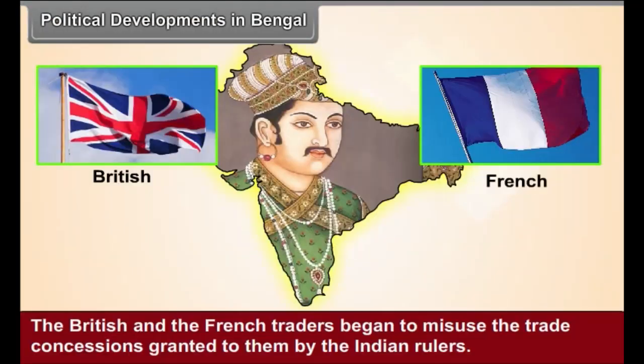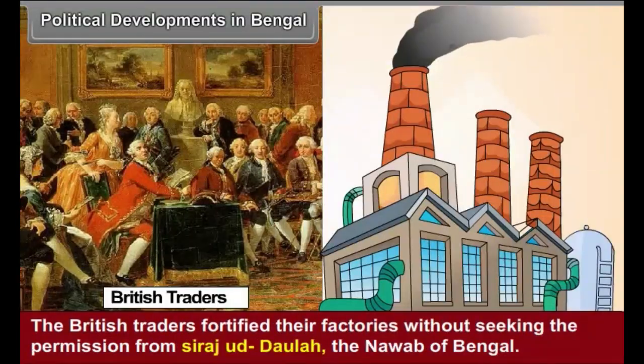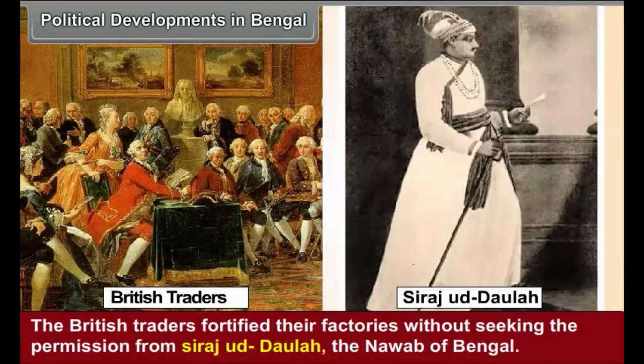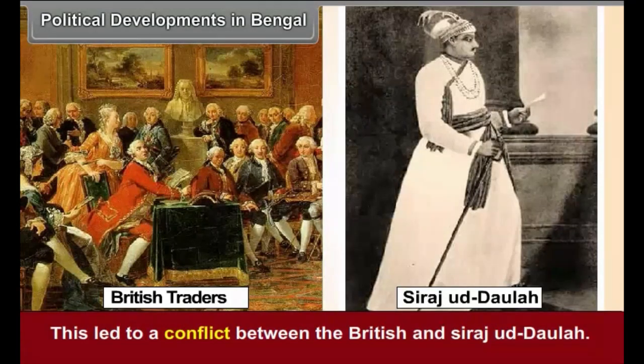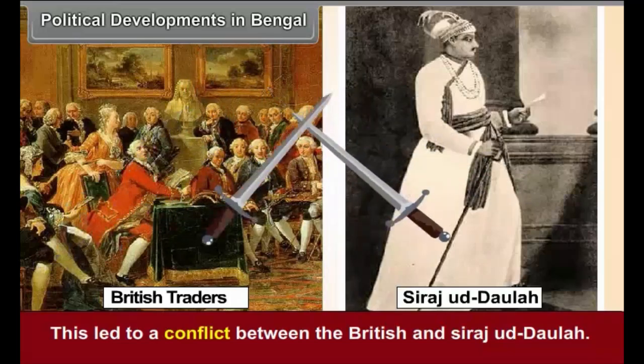Thereafter, the British did not have any strong European rival left in India. Political developments in Bengal. The British and the French traders began to misuse the trade concessions granted to them by the Indian rulers. The British traders fortified their factories without seeking the permission from Siraj-ud-Dawla, the Nawab of Bengal. This led to a conflict between the British and Siraj-ud-Dawla.